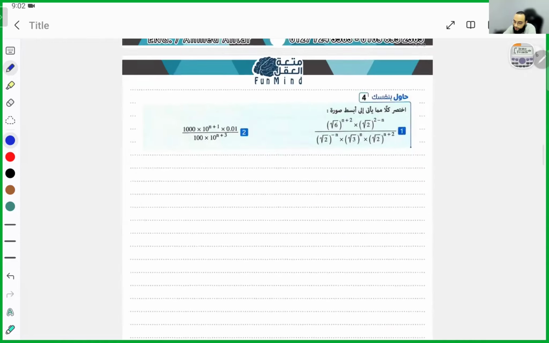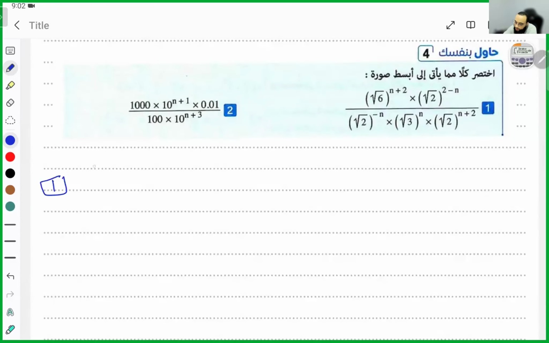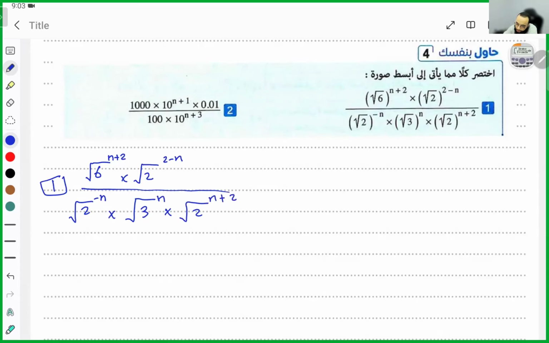Solve with me the next one below. It's root 6 power of n plus 2 times root 2 power of 2 minus n over root 2 power of negative n times root 3 power of n times root 2 power of n plus 2. Look at the question. This is root 2 and this is root 2 and this is root 2. This is root 3.